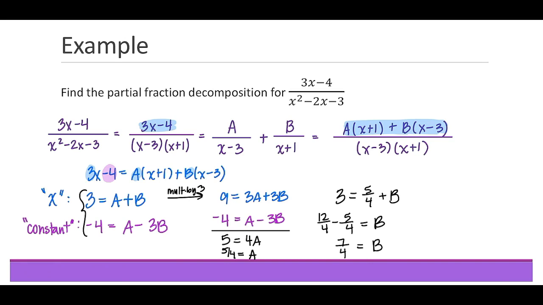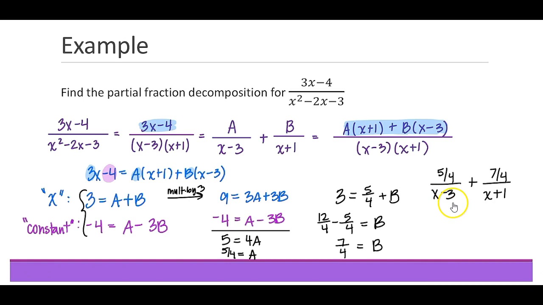So what does that mean? My partial fraction decomposition, I was in search of these values a and b, and I just found them. So my partial fraction decomposition is going to be a over x minus 3, so we have 5 over 4 over x minus 3 plus 7 over 4 over x plus 1.